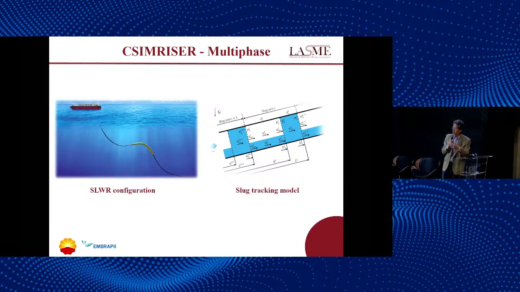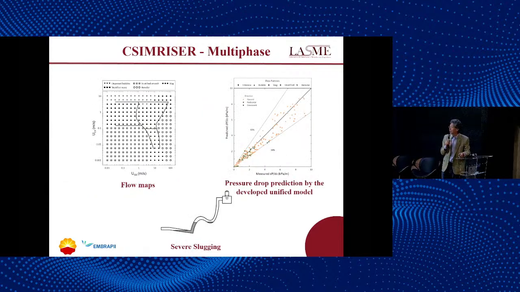So both models are being developed separately, and later they will be integrated into the fluid structure interaction. We have a flow map implemented, and we have a validation of pressure drop. We have a unified pressure drop model for all inclinations, for all flow regimes, and now we are simulating severe slug.